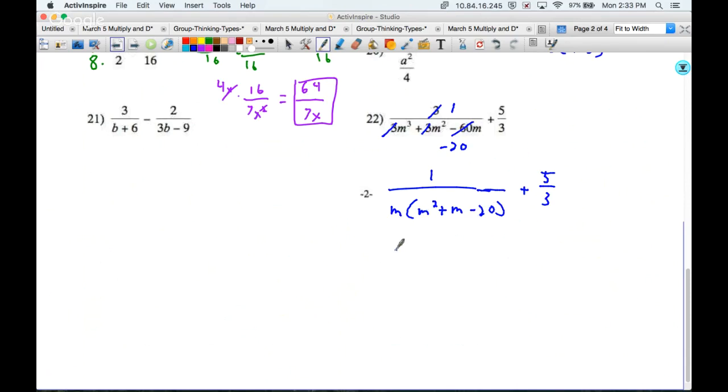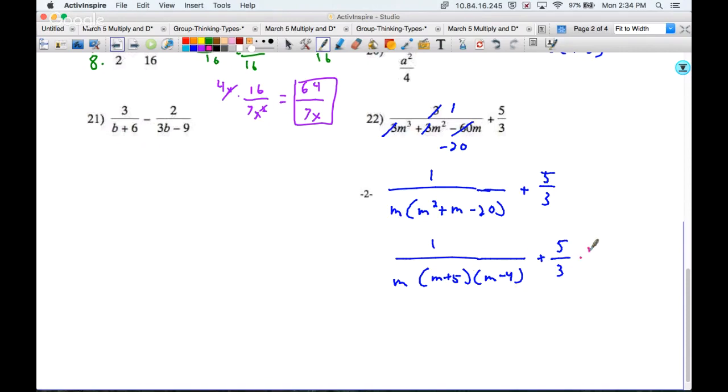Let's see, I'm going to keep factoring. 1 over m, two numbers that multiply to be negative 20 but add to be positive 1 are going to be 5 and negative 4. Plus 5/3. All right, now to get this to have a common denominator, I've got to multiply by a lot of stuff.